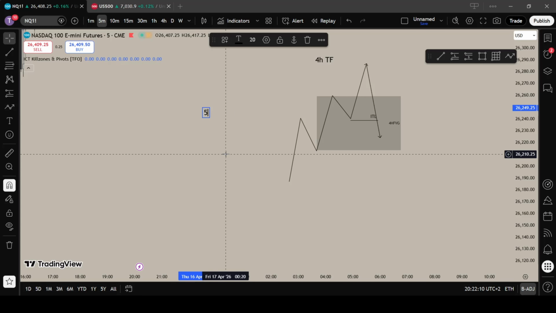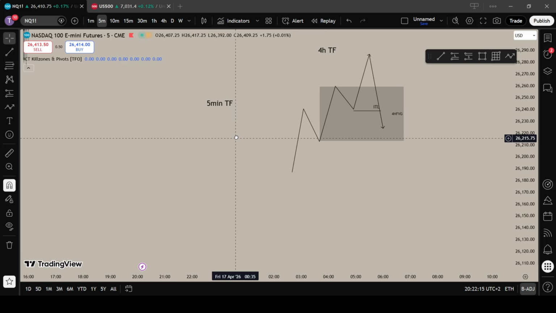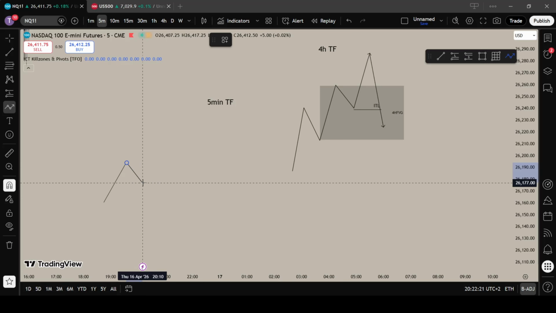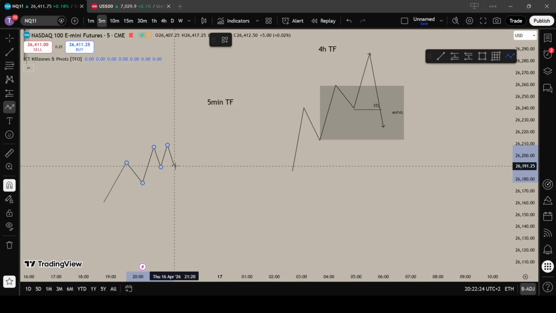And now what do we do? We switch to our lower time frame, which in this example will be 5 minutes, and that should look something like this.